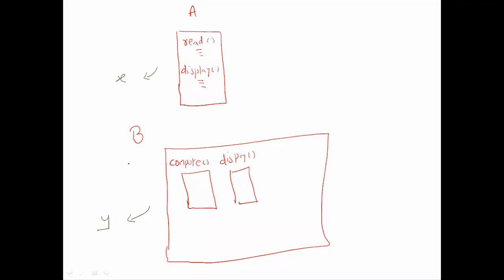Now, suppose now if I derive this class B from A, मैंने inheritance implement कर दिया. So what I do is, जो भी base class के methods हैं, वो भी derived class में आ गए. So ऊपर class A में से read नाम का function इधर आ गया inherit होके, और ऊपर वाला जो display function है, वो भी इधर आ गया inherit होके.